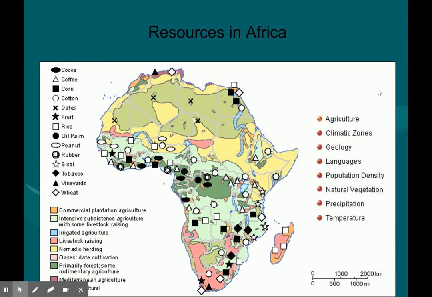We're also going to see a lot of diamond and gold mining, all these things that haven't been tapped into in Africa, and the Europeans are going to be targeting those resources. Africa is very diverse in regards to agriculture as well as temperature and geology. Africa is a very, very large continent, so we're going to see a lot of different areas be very different from each other. And that's going to cause different countries to come and colonize different parts in order to get those different resources.